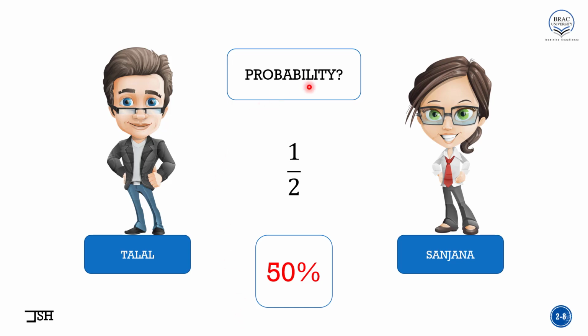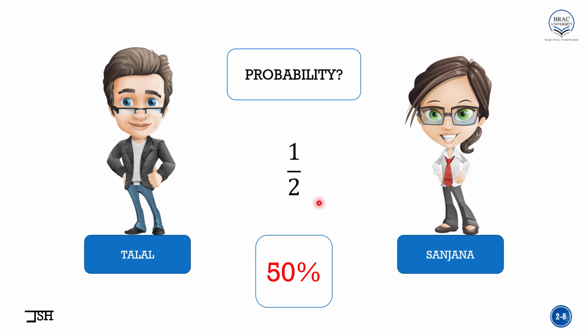So let me briefly explain how I got this 50% here, or 1 over 2. I know many of you already know how to calculate this. It's very simple, right? Even then, let me give you a brief snapshot. So how did I get this 1 over 2 or half? 1 is the numerator, which shows the number of people I'm going to select in my sample.